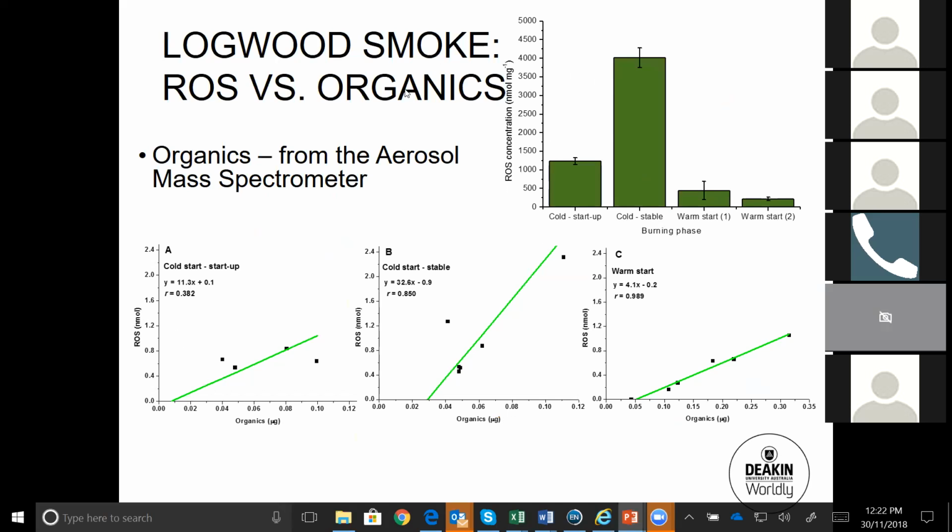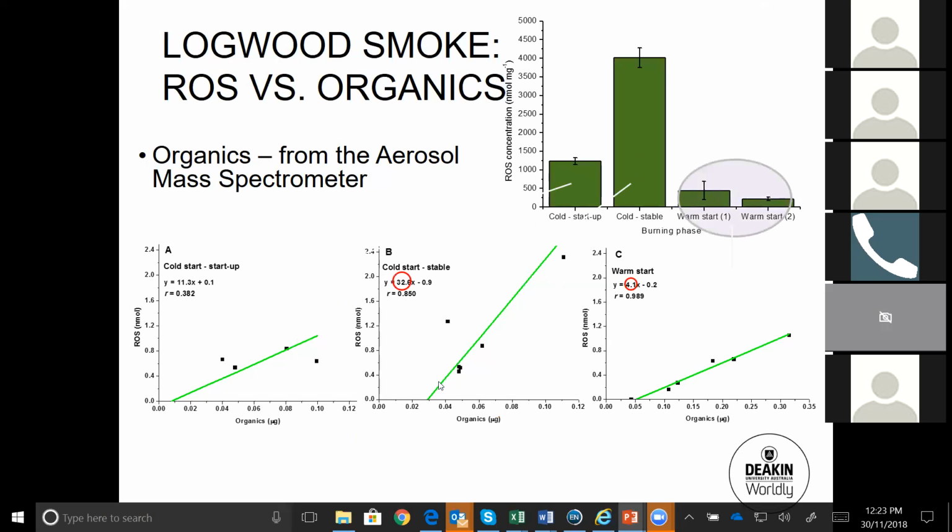Firstly, once she tried to just relate the measured oxidative potential during the whole burning event with organic composition, with the total organic content, she couldn't see a good relationship. But once she broke this burning event into different stages of burning and related that with the measured toxicity in different stages, she got a wonderful relationship.